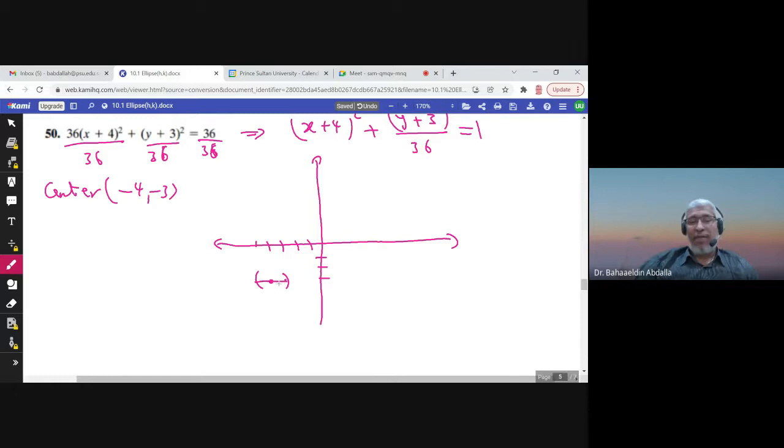This is the minor axis. The major axis, 6 units up, 6 units down. I am here at negative 3, so 0, 1, 2, 3. I reach 3. And I go 6 units down to reach negative 9. These are the vertices.